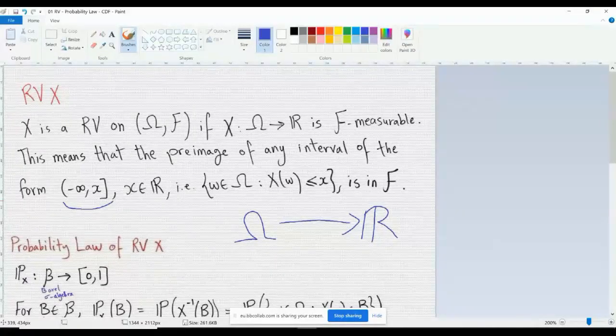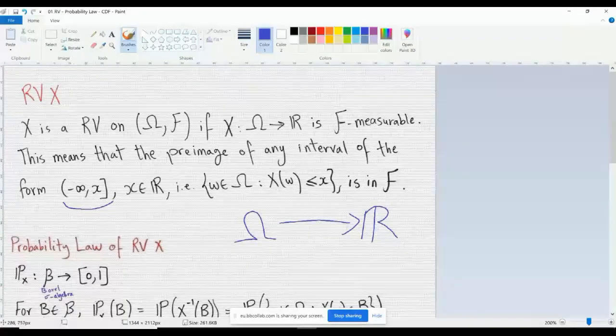The randomness comes from being defined on the sample space. The sample space is equipped with a sigma algebra and also with a probability measure. So that's where random comes from. But the function itself, going from big omega to the set of real numbers, is purely deterministic.